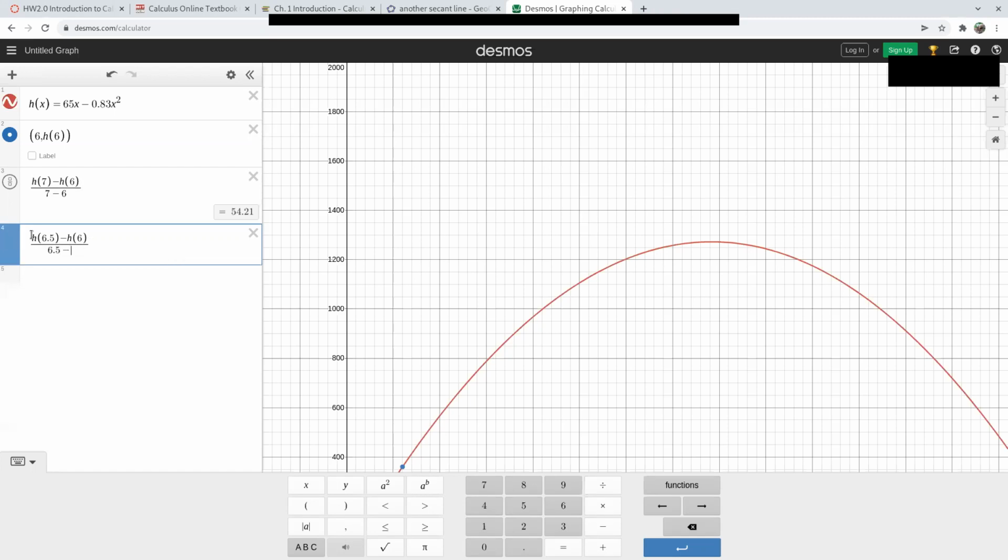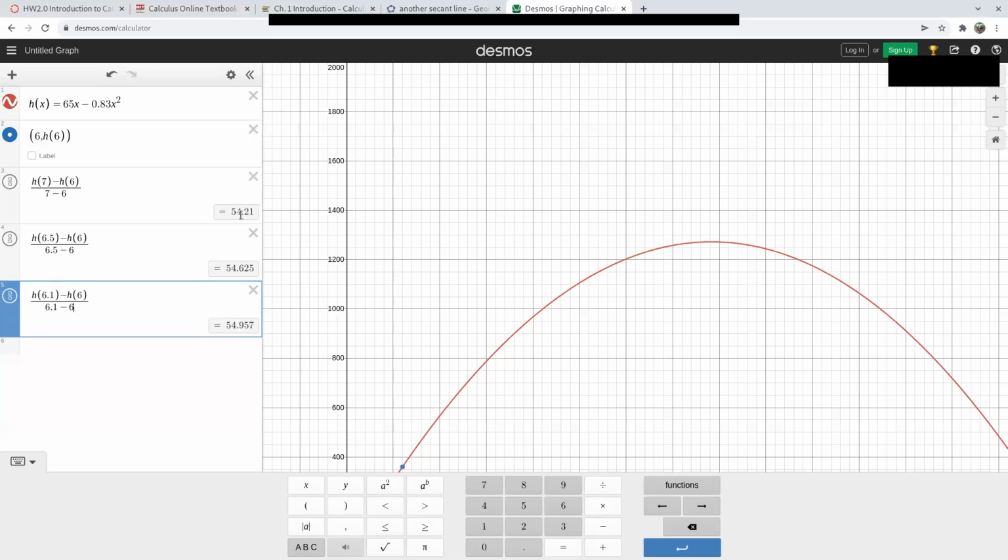I'm going to write it out here. And here I can see the slope is 54.625. Then I'm going to keep repeating that. I'm going to do that one more time, and then a little shortcut. So division, h of, I think the next one was 6.1, minus h of 6 divided by 6.1 minus 6.